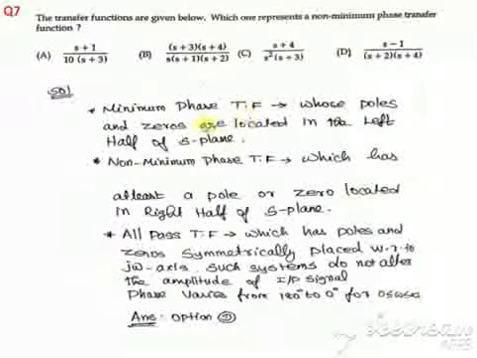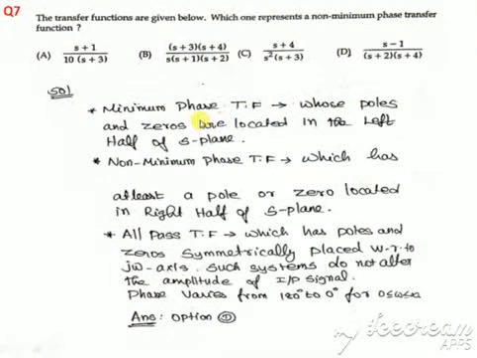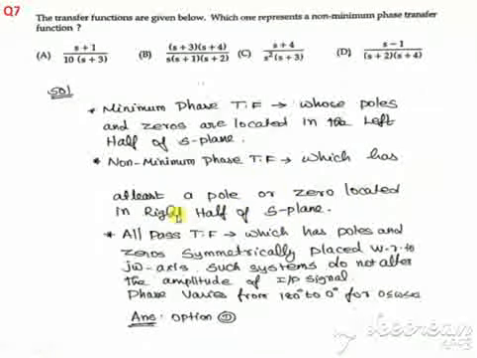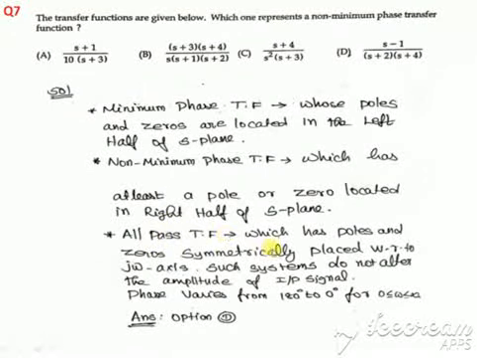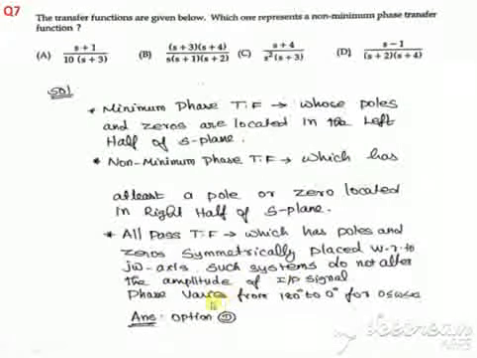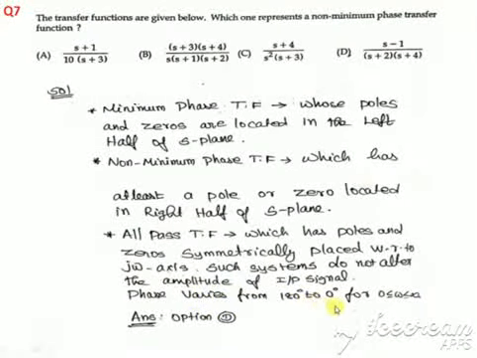Non-minimum means it has at least one pole or zero located in the right half of the S-plane. An all-pass transfer function has poles and zeros symmetrically placed with respect to the j omega axis. Such a system does not alter the amplitude of the input signal. Phase varies from 180 to 0 degree as omega varies from 0 to infinity.